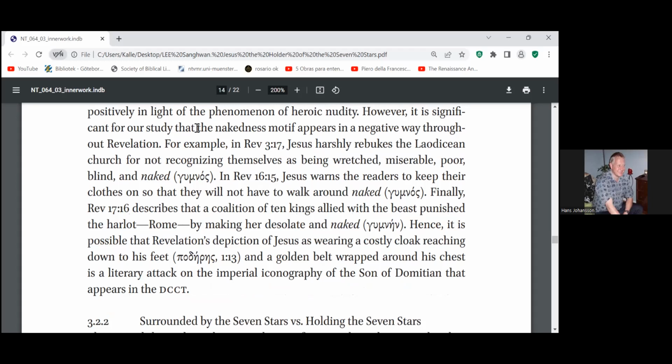However, it is significant for our study that the nakedness motif appears in a negative way throughout Revelation.